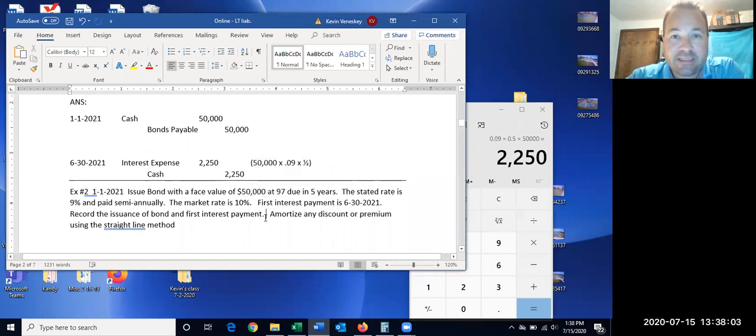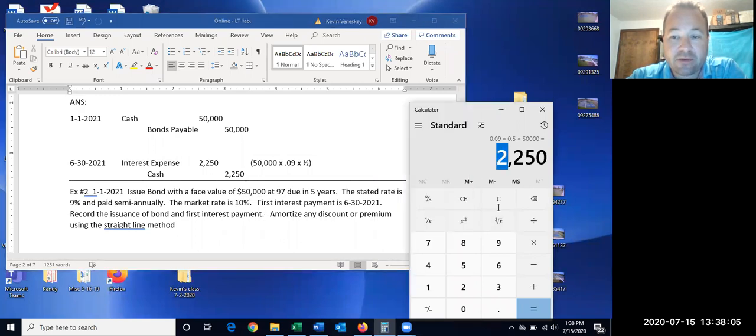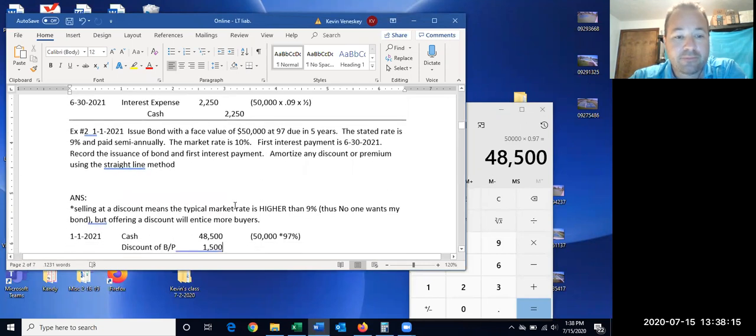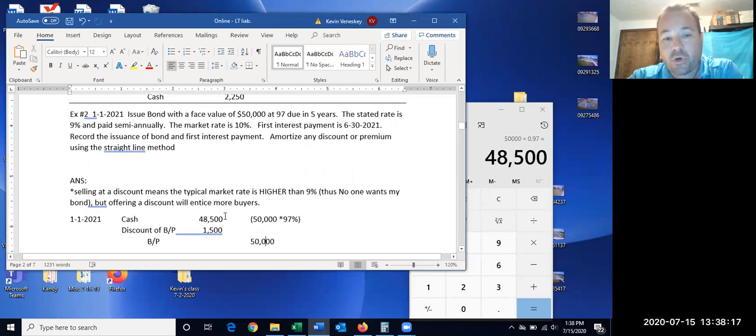The bond sells for 97% of 50,000. So if we take 50,000 times 97%, we get 48,500. So when I go and issue the bond, I'm going to show that I have cash coming in of 48,500. Now the bond shows that I will pay it off at 50,000.